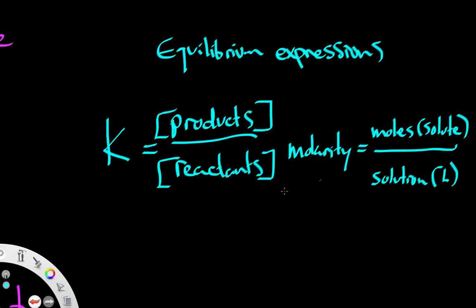So that's just a quick refresher on that, but that's what will be implied in these K values, and sometimes you'll see something else that could maybe indicate atmospheric pressures or something like that, but for the most part you're going to see everything drawn out in terms of molarity.